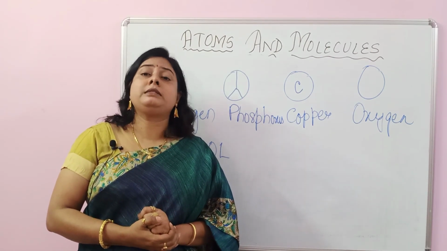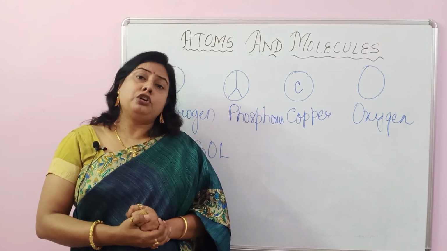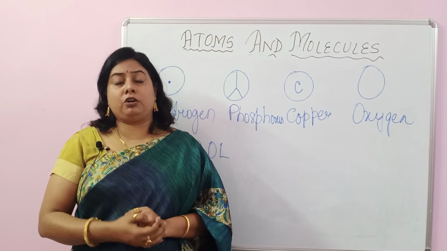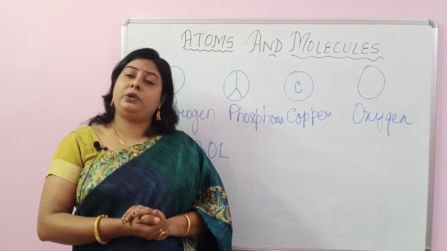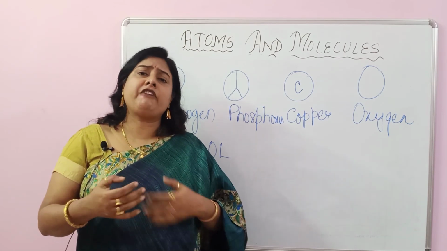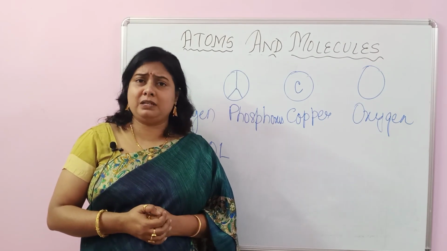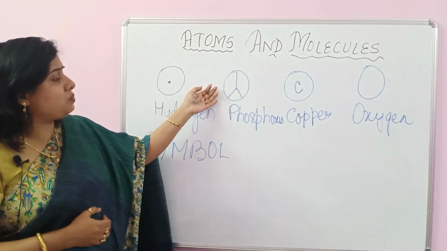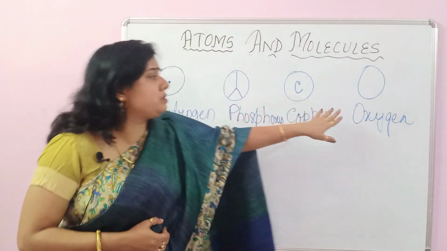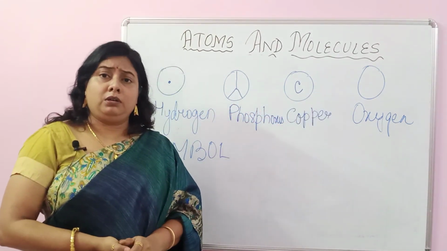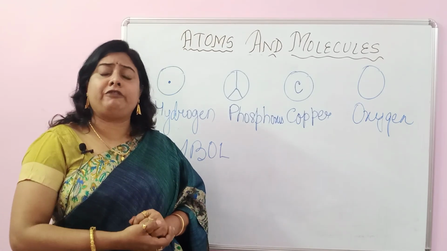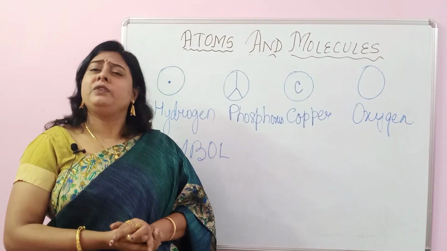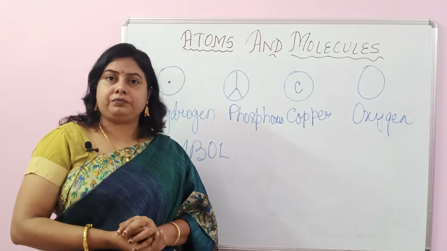It was John Dalton who first proposed to associate each and every element with a symbol, and he gave a pictorial representation for the symbol. For example, this was the symbol of hydrogen. This was phosphorus. This was copper. This was oxygen. Though there were very few elements known at that time, still this pictorial representation is very difficult to remember.